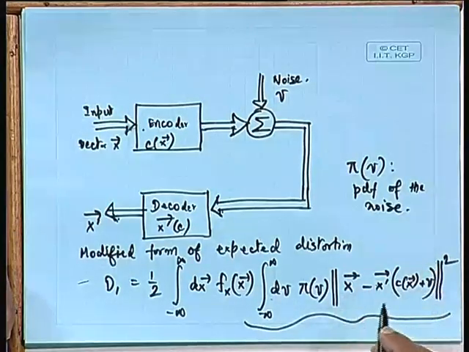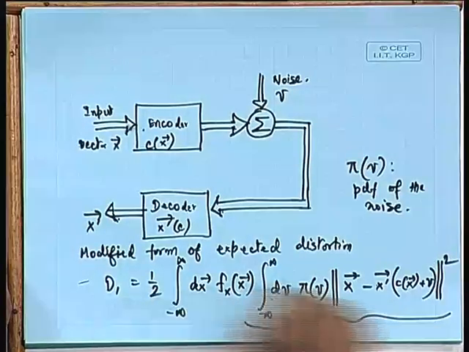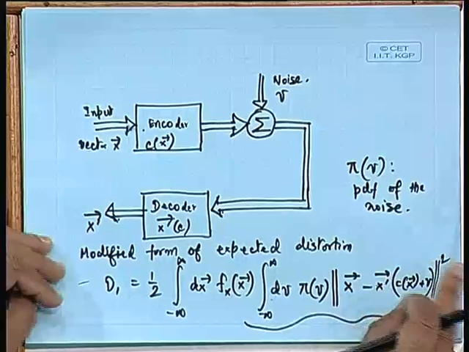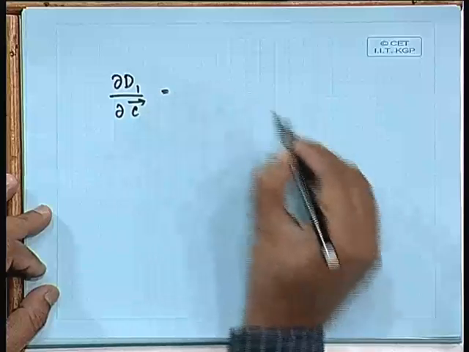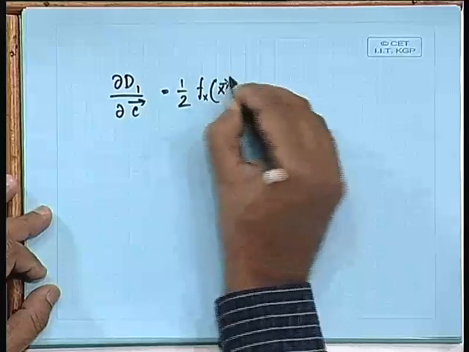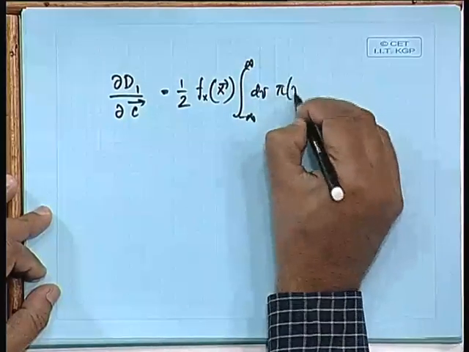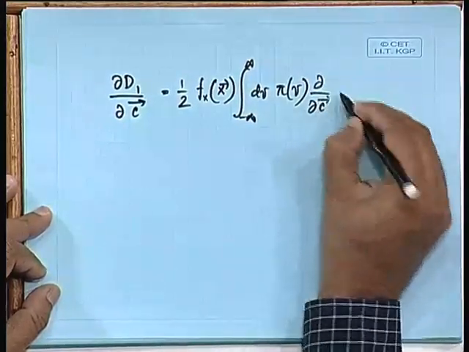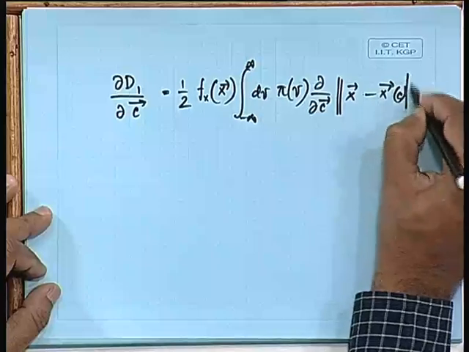Now, to find the optimum encoder, we have to differentiate this D1 expression with respect to C. Now that we have a term involving C, we can find the optimum encoder by computing dou D1 by dou C vector, and if you evaluate this, it works out as half of f_x(x vector), integral minus infinity to plus infinity d nu pi of nu, dou by dou C vector of the norm of x vector minus x prime of C, whole square.